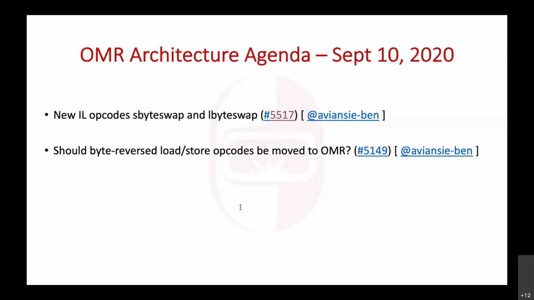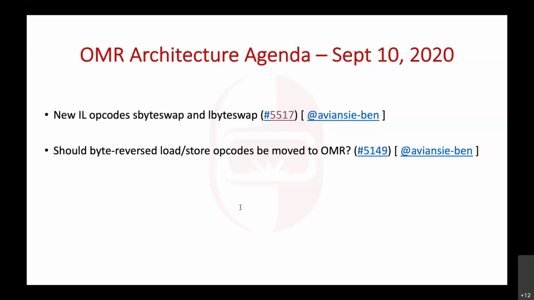Is there any support right now in simplifier for byteswap? Or does it just do the most basic? I don't think there's anything special in simplifier for byteswap right now. Yeah, checking. No, it doesn't look like it. Yeah, the set of stuff you can do in the optimizer with byte swaps is a little bit limited.